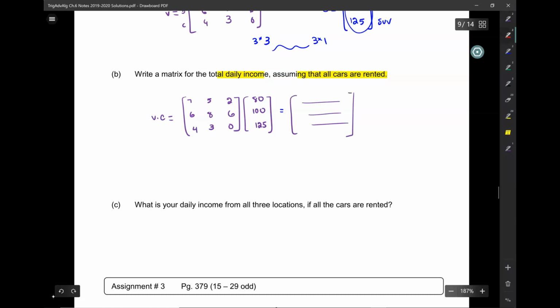So we're going to get a 3 by 1 matrix, 3 rows and 1 column. All right, so what we do is we take the first row with the first column, 7 times 80 plus 5 times 100 plus 2 times 125, that's 250. Then second row, first column, 6 times 80 plus 8 times 100 plus 6 times 125.